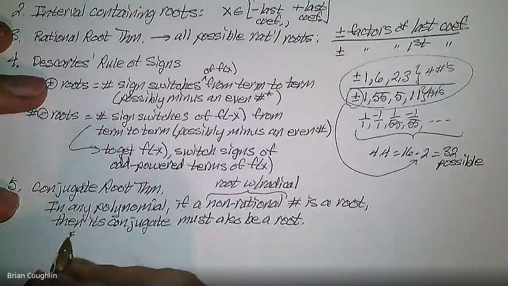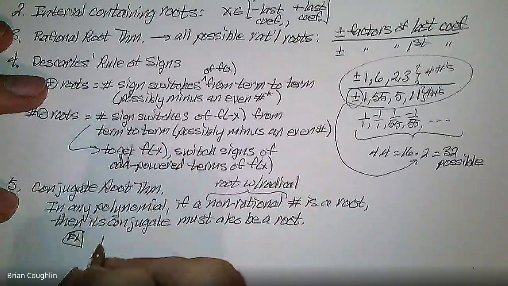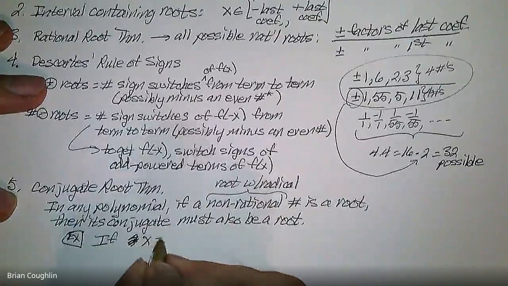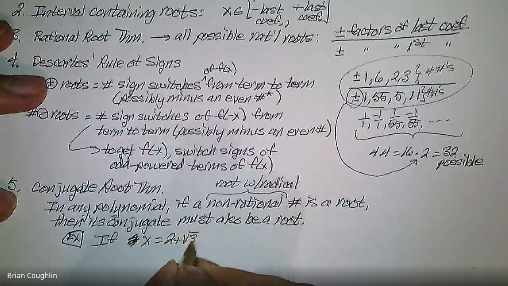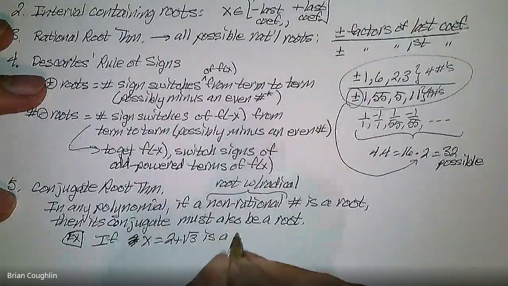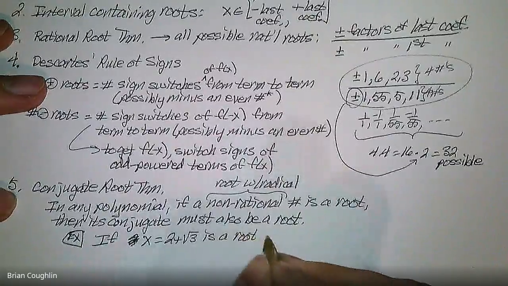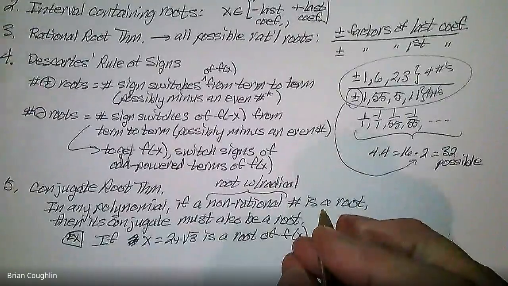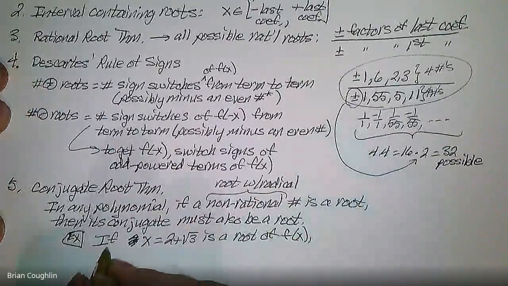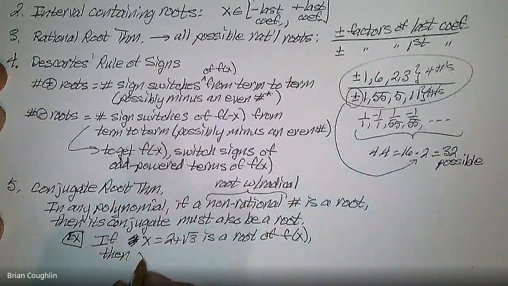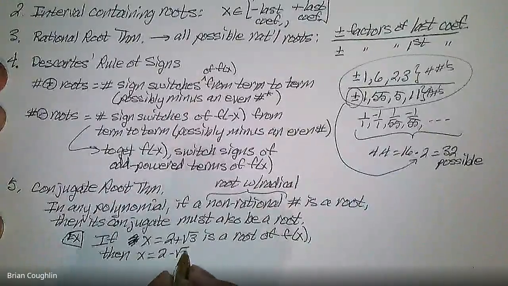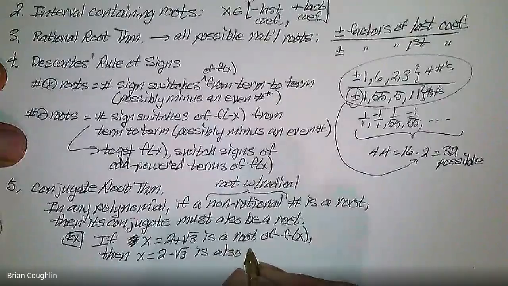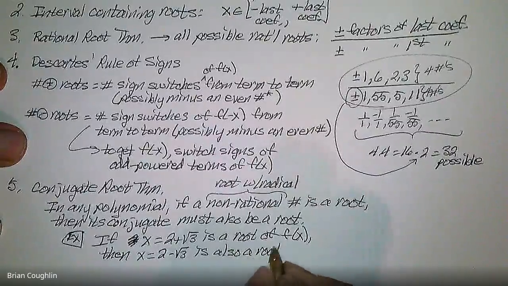For example, if, sorry, I need x equals, if x equals 2 plus radical 3 is a root of f of x. By the way, it's not a root of the f of x we're using above. This is just an example. Then x equals 2 minus radical 3 is also a root. Guaranteed of f of x.